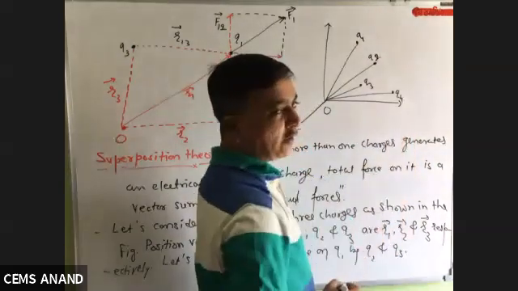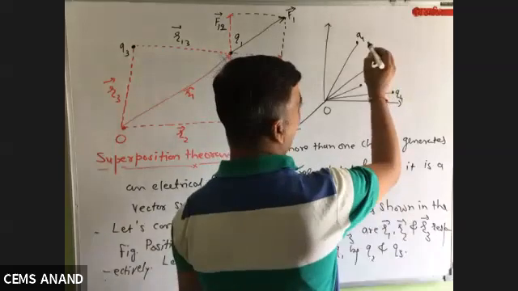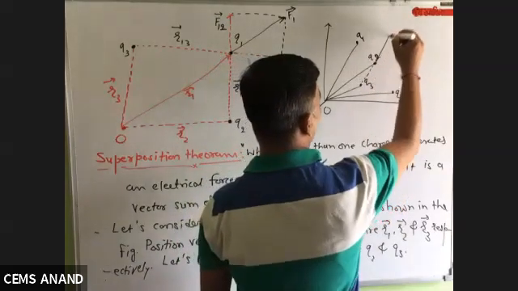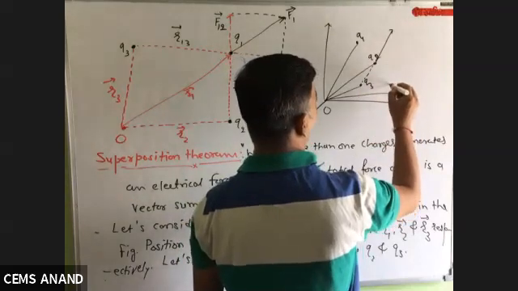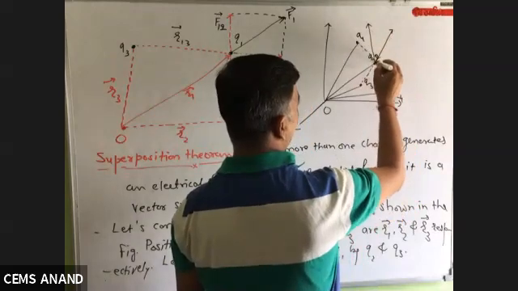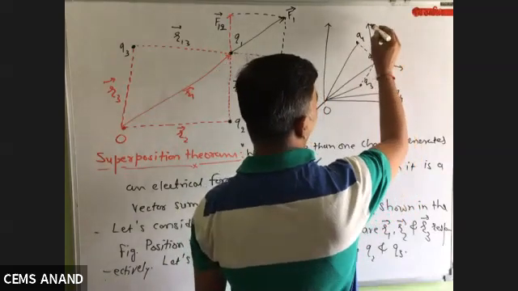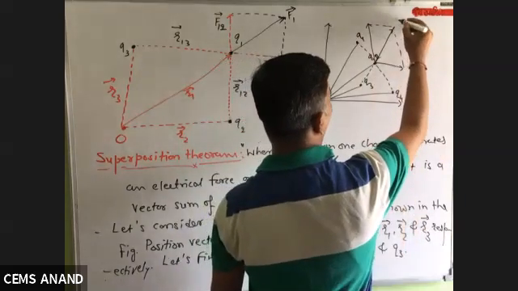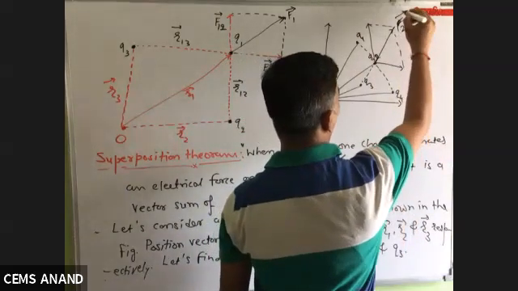Let's calculate the total force generated on charge Q2. Then from this in this direction, from this in this direction, from this in this direction, the forces are like this, and this will give us the resultant force F2.